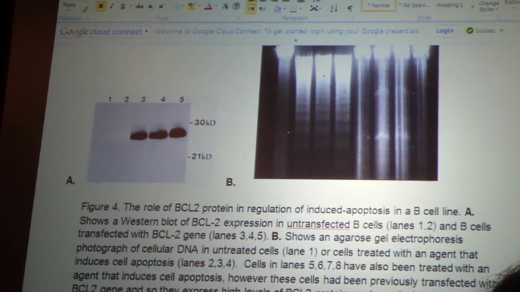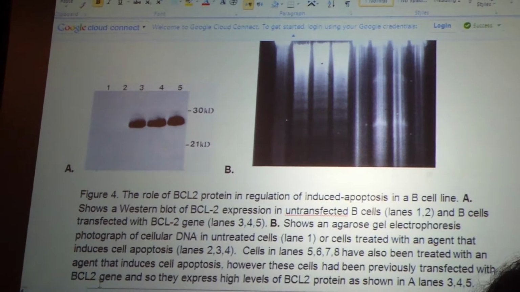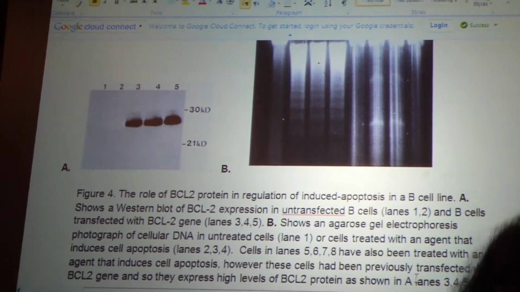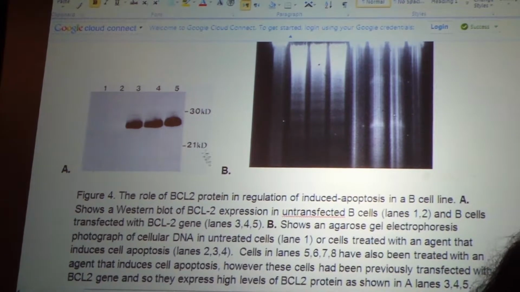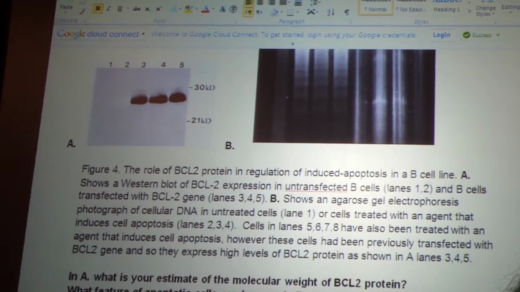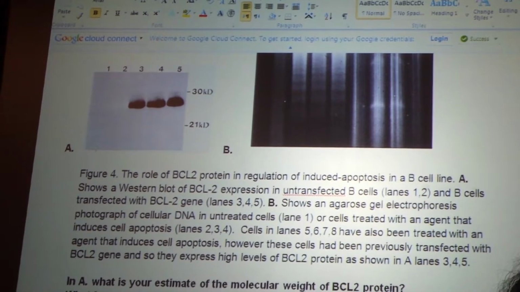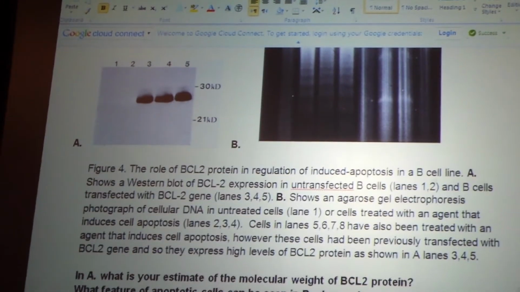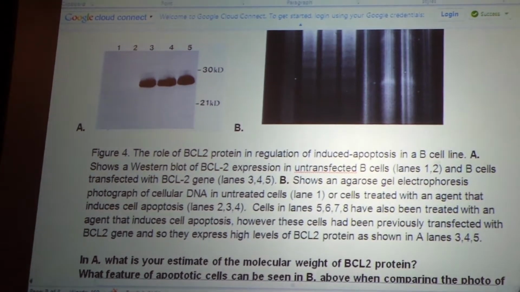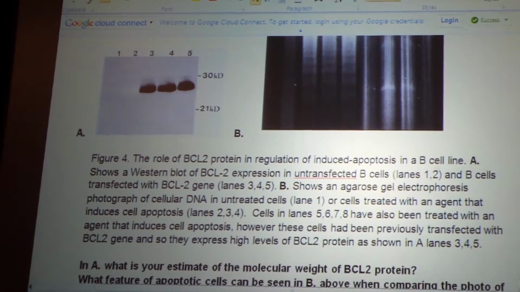However, these cells have been previously transfected with the BCL2 gene, and so they express high levels of BCL2 protein as shown in A, 3, 4, and 5. Okay, so there's quite a lot of information there, and you need to be able to begin to understand and interpret this kind of information.